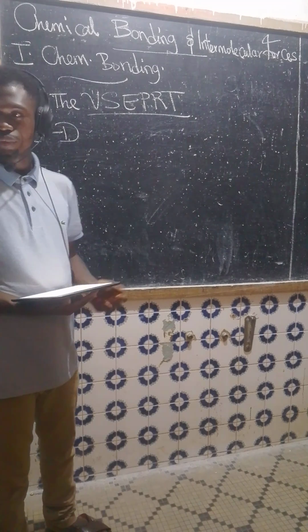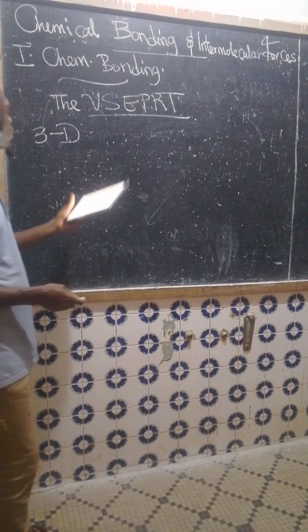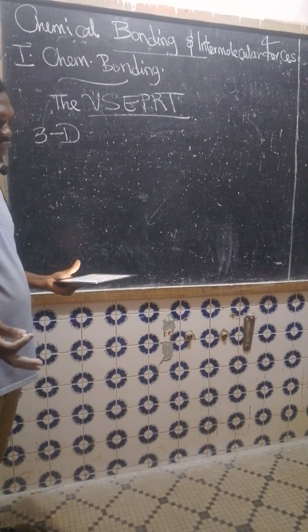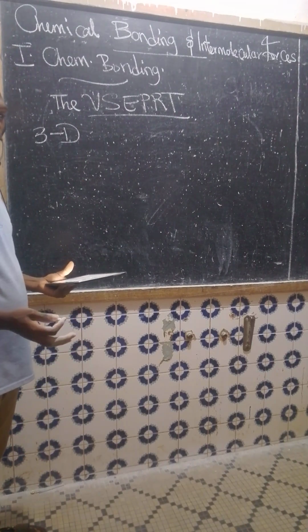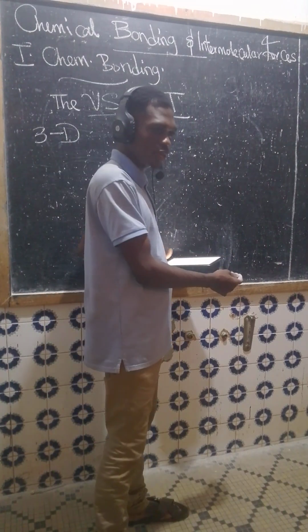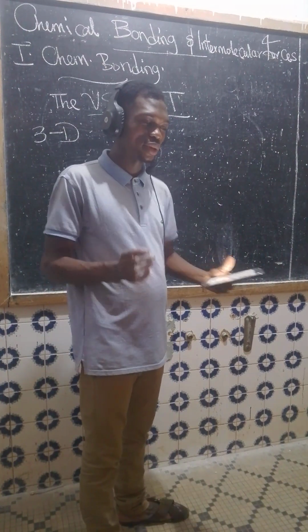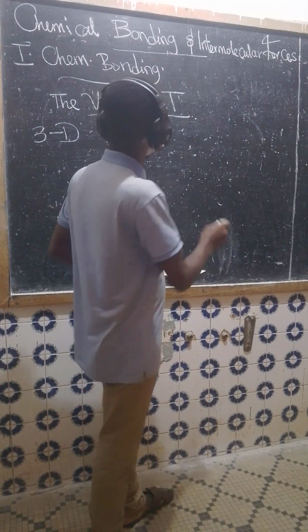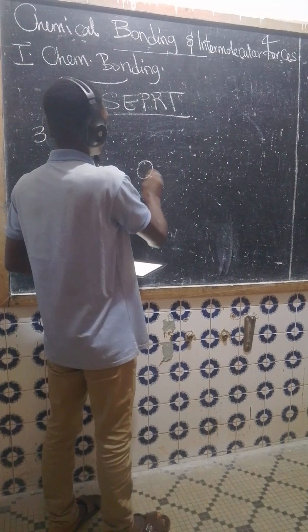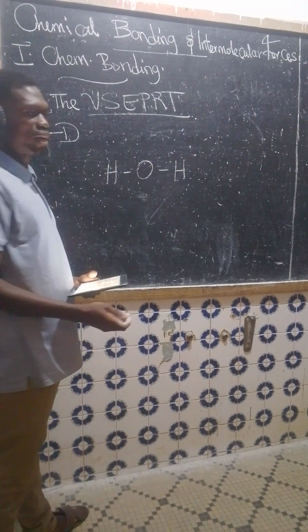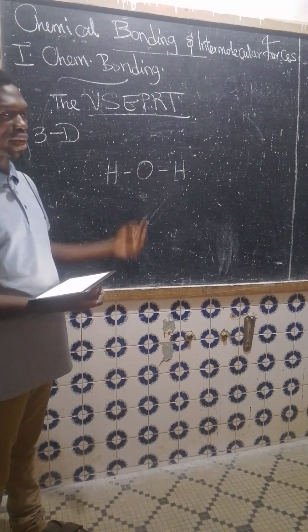So now, according to the valence shell electron pair repulsion theory, the bonded atoms in a covalent compound will rearrange themselves to minimize repulsion. So what does it mean? It means that in this covalent compound, here is a linear arrangement.